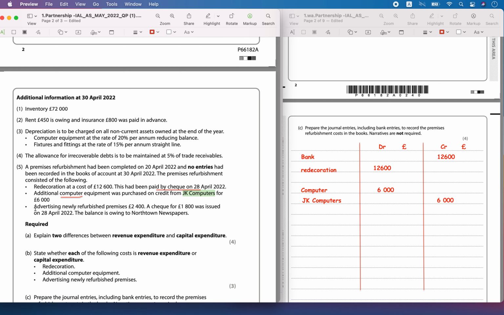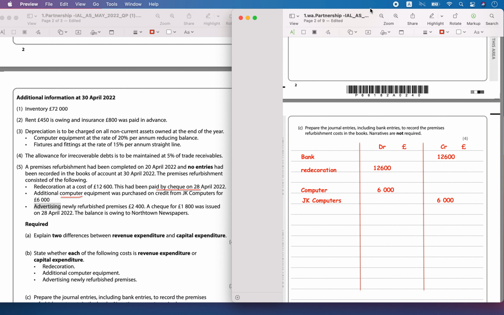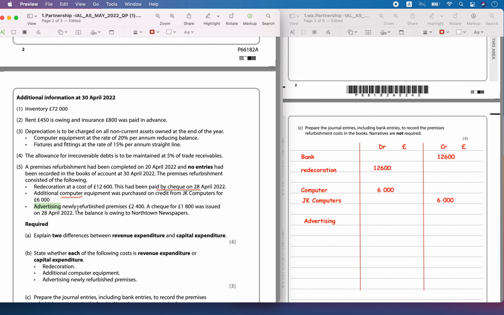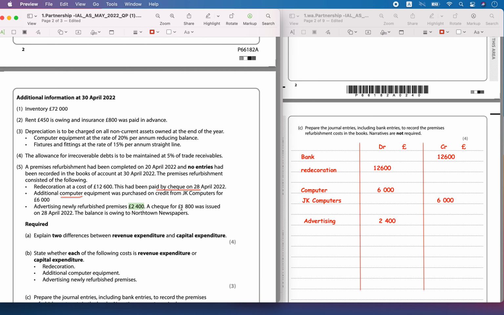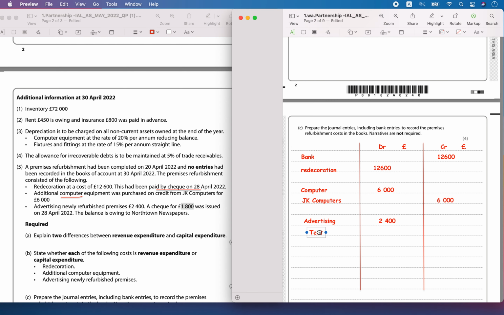Then we had new advertising, and advertising itself is an expense account, so that is definitely going to come. It was for the premises, 2,400, and it's an expense account, so it will definitely appear on the debit side. Then a check for 1,800 was issued, so let's write the bank.